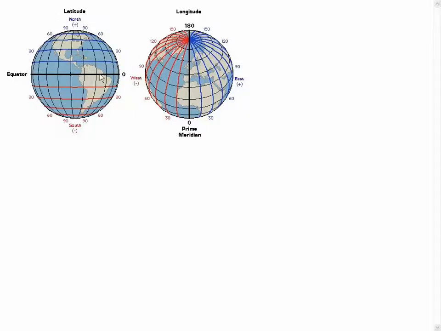In terms of the words, I always think of a ladder when I think of latitude. I see these parallels as crossbars on a ladder, and you can climb either north or south. Whereas with longitude, I think about the length of them. The longitudes are the long ones. They run from the North Pole to the South Pole.